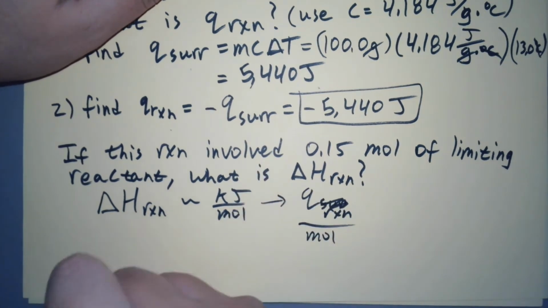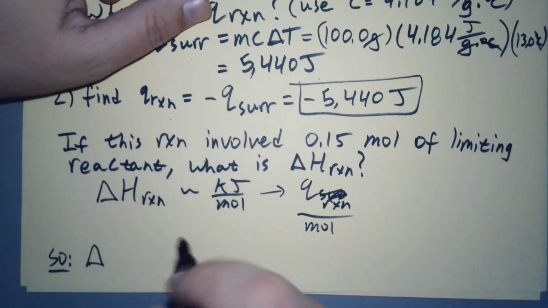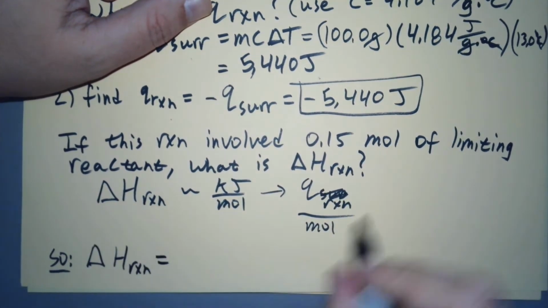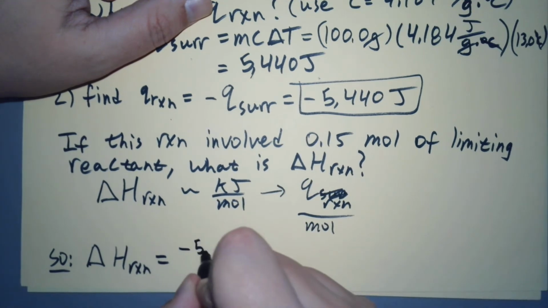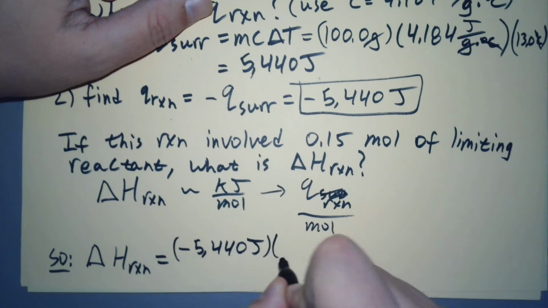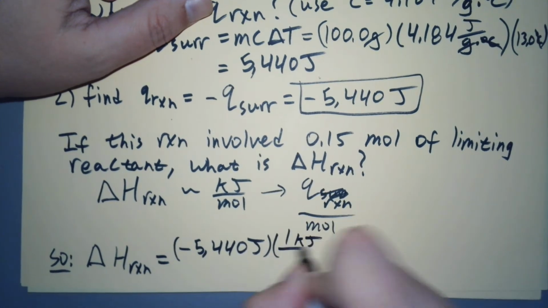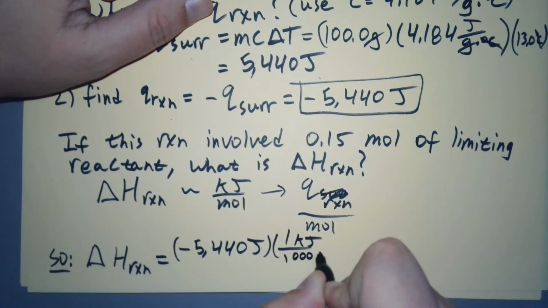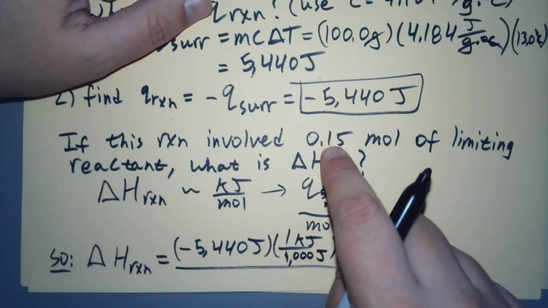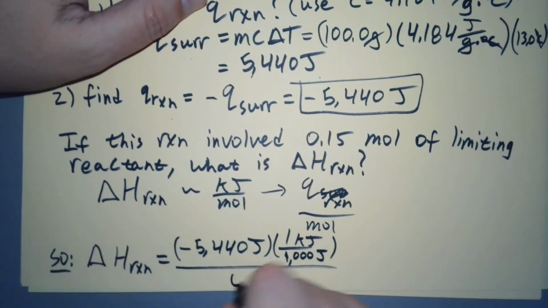So delta H reaction equals -5,440 joules times 1 kilojoule per 1,000 joules divided by, I only got 1 mole value, so why not use it, right?